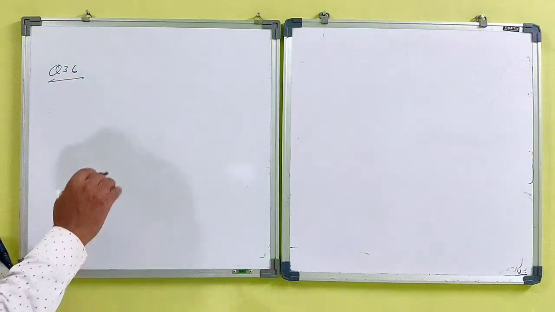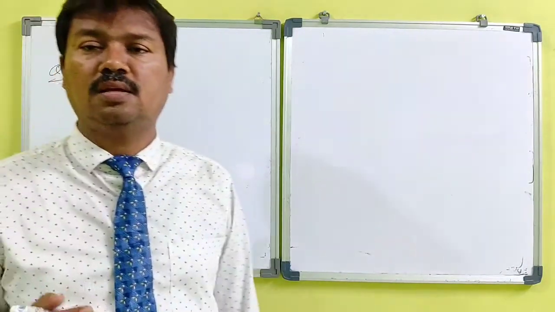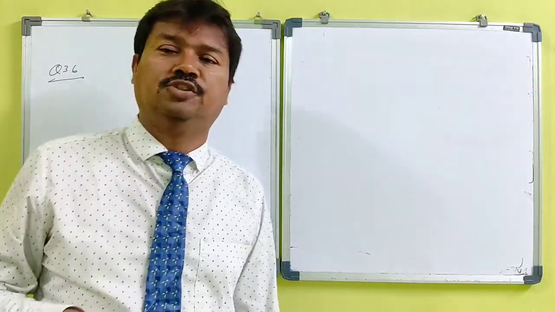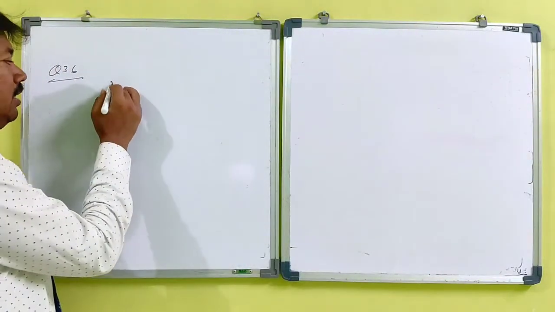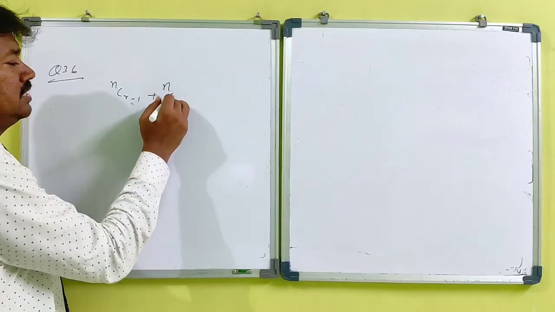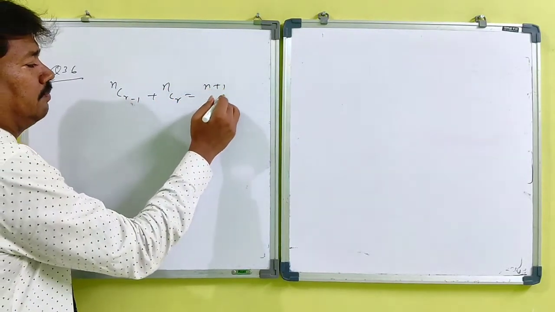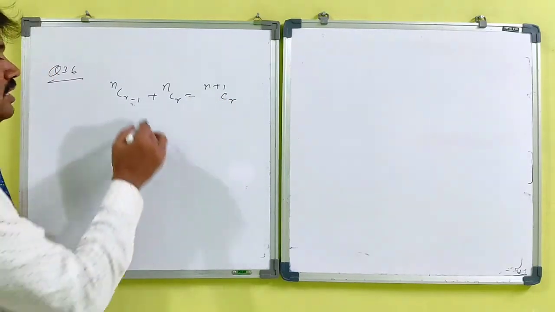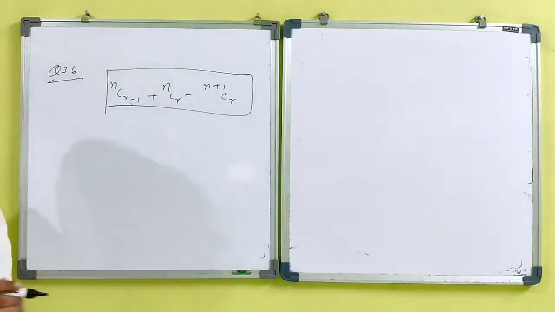Yes, the next question is number 36. Before that, there is one simple concept of combination: nCr minus 1 plus nCr is always equal to n plus 1 Cr. Remember that this is a formula for the binomial coefficient.